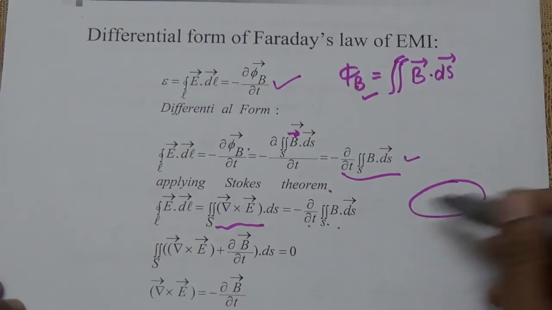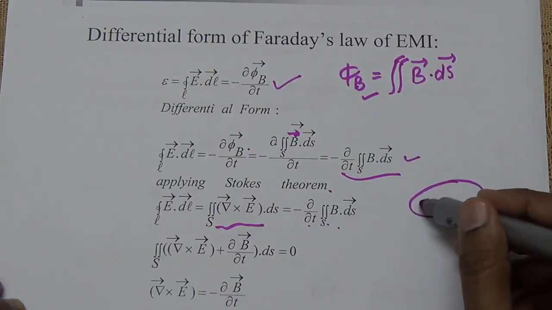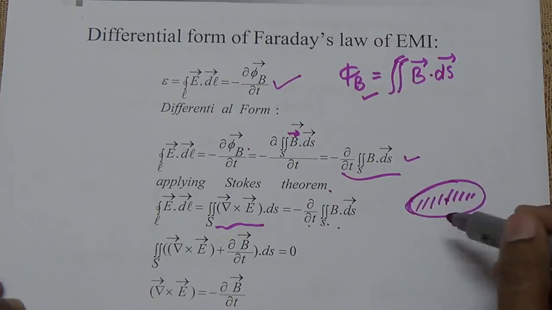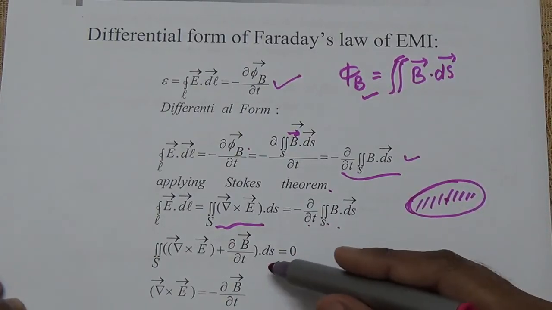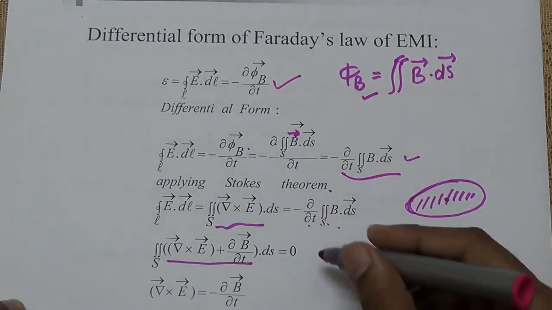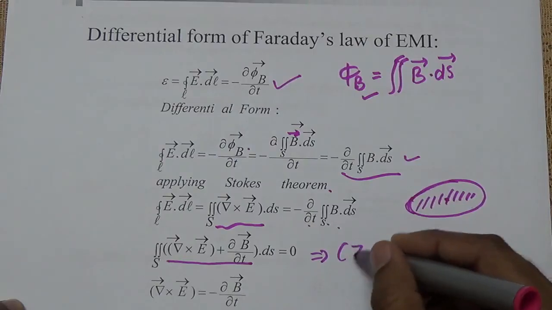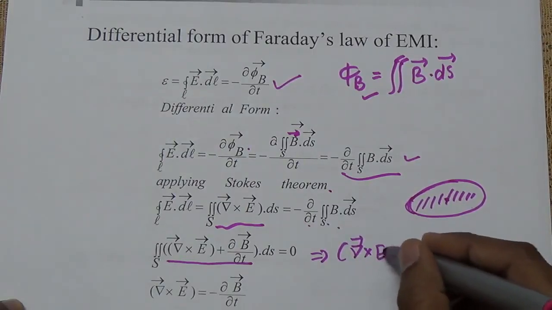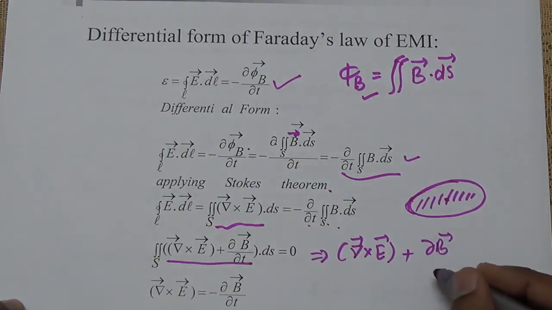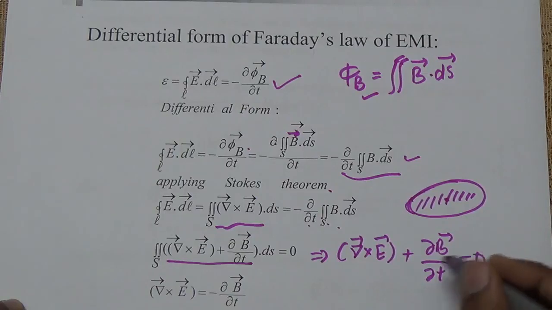Right now the surface is open, and this is a closed loop, basically a coil, a wire. Now the area cannot be 0, so the vector del cross E plus del B upon del t is equal to 0, and hence del cross E is equal to minus del B upon del t.